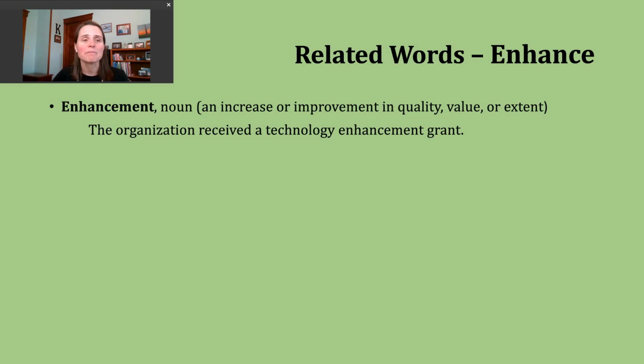An example of this might be, the organization received a technology enhancement grant. Okay, so what this sentence is suggesting is that this is probably a nonprofit organization. It's being given money to improve the organization's technology. Maybe that means buying some new computers, buying some new software, or some other tools that will improve the quality of their technology.